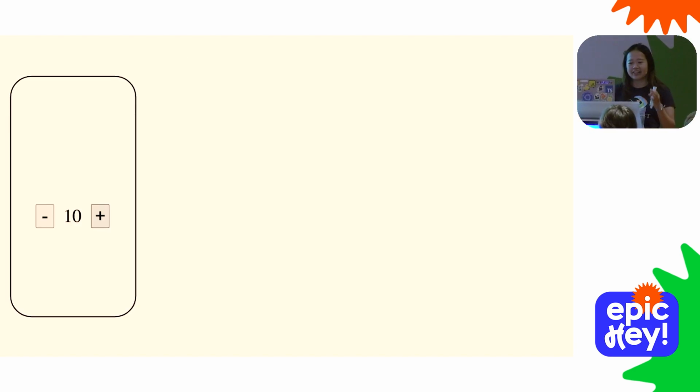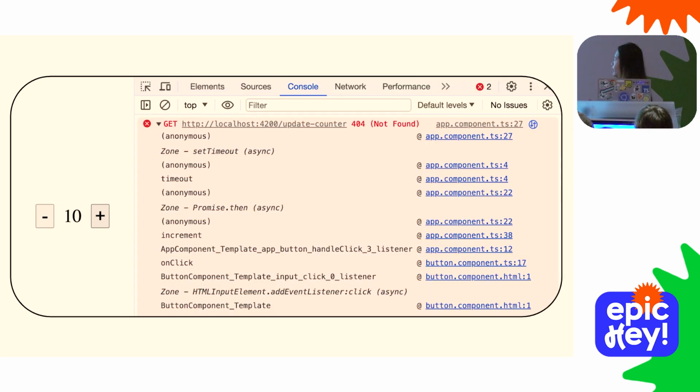Okay, let's take a look at this example application. We have a simple counter component. We can click minus and click plus to change the number. So when I click on the plus icon, let's say there's an error. From here, what you can see is that DevTools shows you this line.